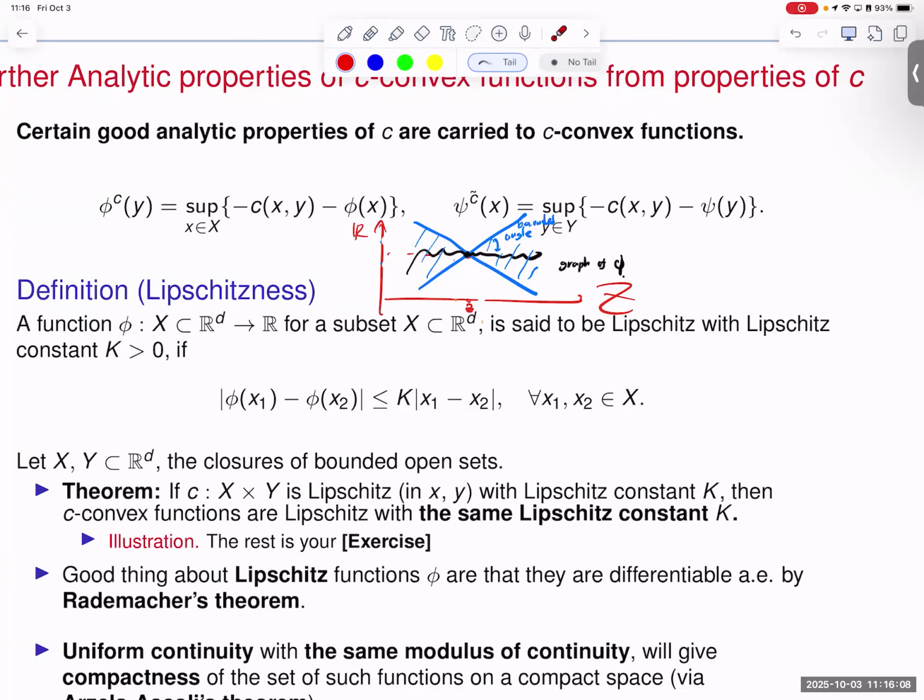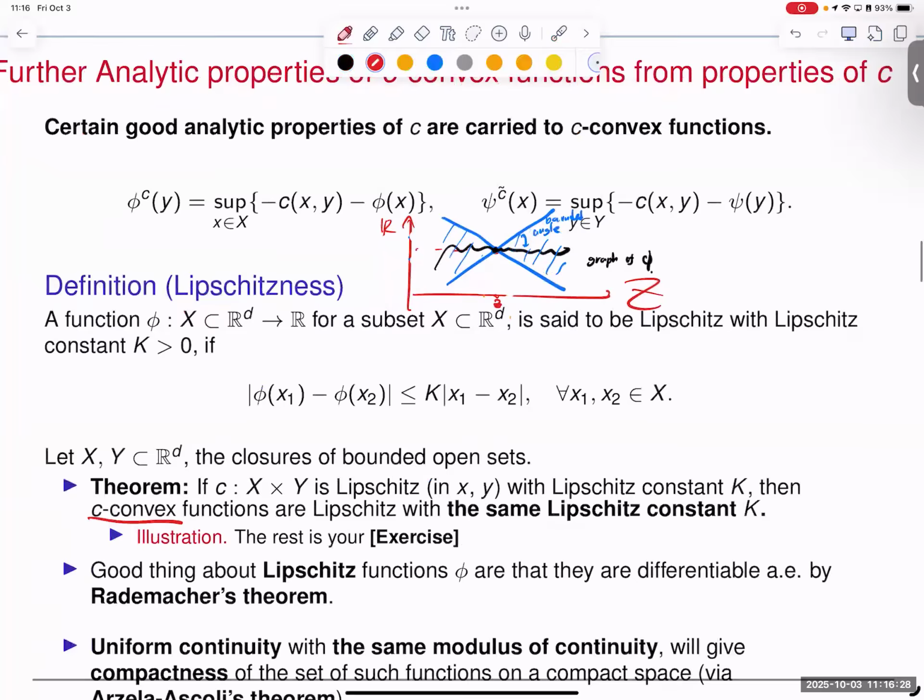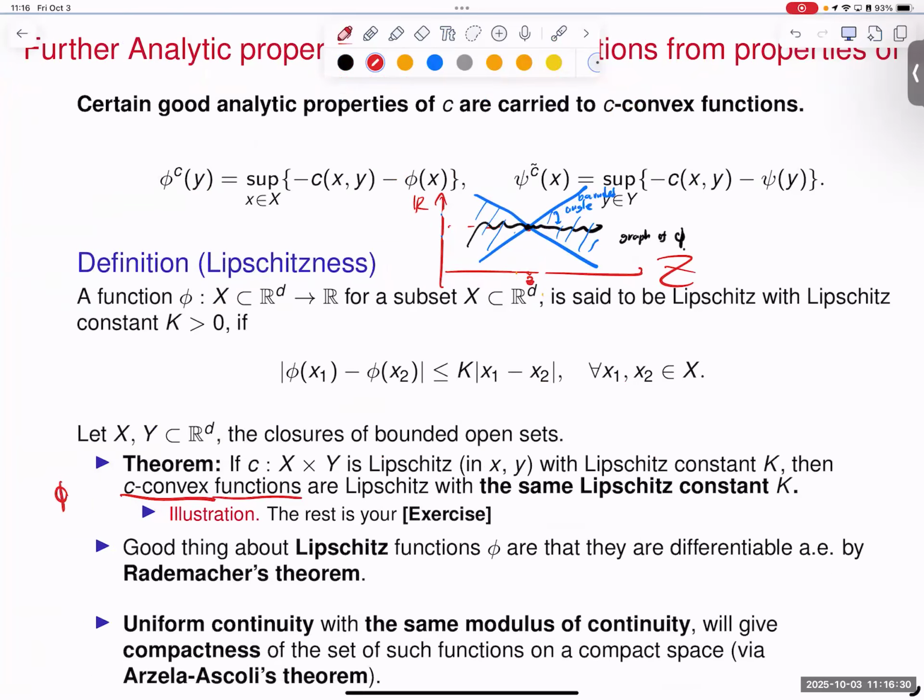Can you see why it should be the case? To help you, let me remind you what the Legendre transform was. C-convex functions are just given by some Legendre transform.